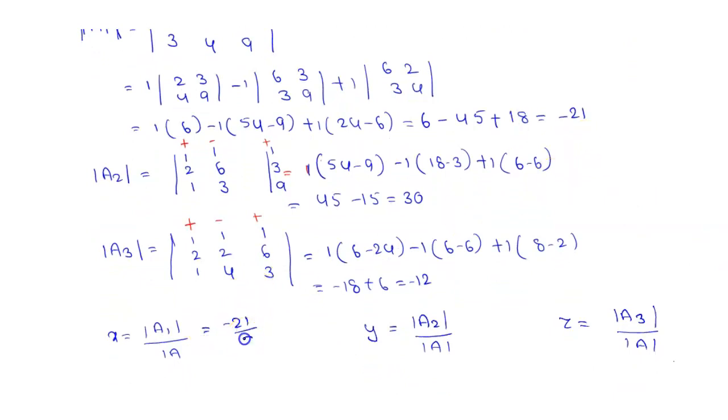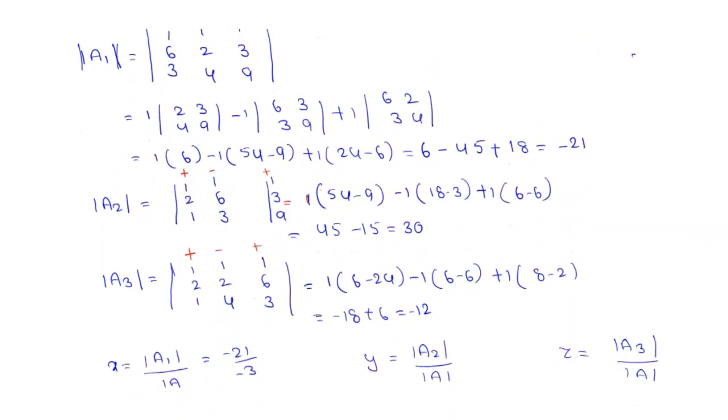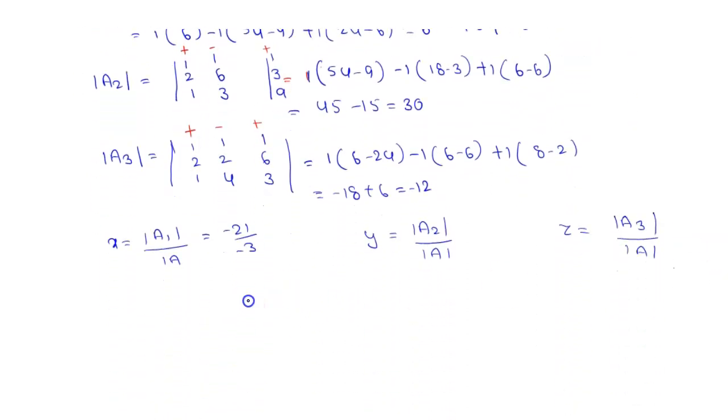So minus 21 by minus 3, the det A value we previously got as minus 3. So minus minus cancels. Here 3 7s are 21. Next, the det A2 value we got is 30. So 30 by the det A value minus 3 is equal to minus 10. And the det A3 value we got is minus 12, and the det A value is minus 3.